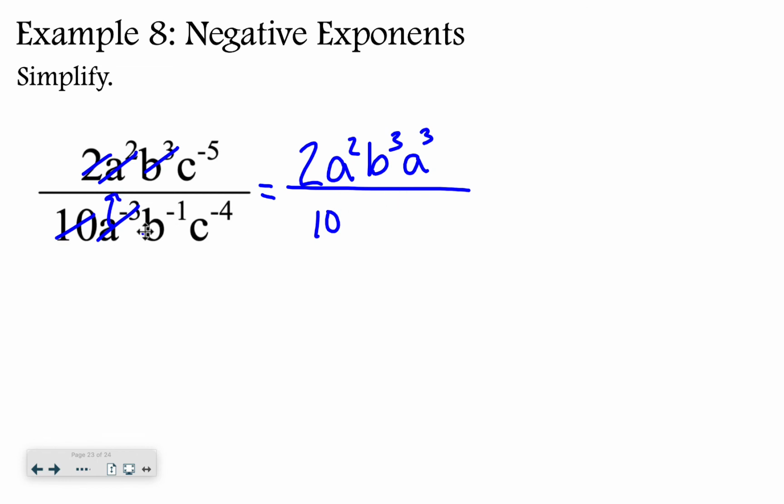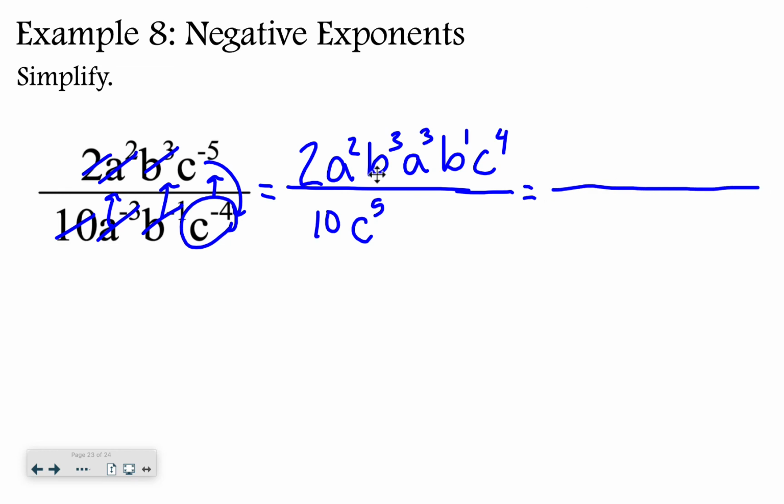I have a b to the negative 1 that was on the bottom, so it's going to move to the top to become positive. And then that c to the negative 5th would move to the bottom to become positive 5. And then the c to the negative 4th would move to the top to become positive. Okay, so now everything is positive exponents.